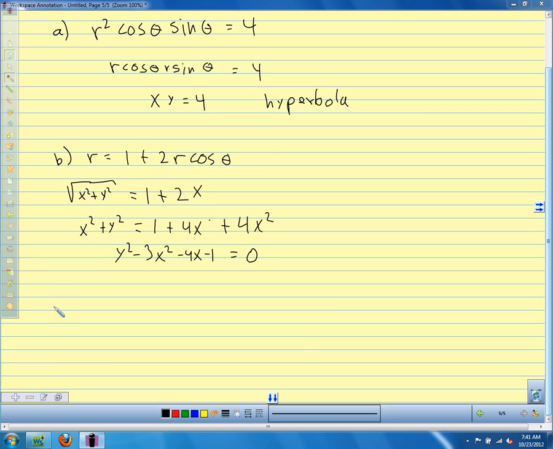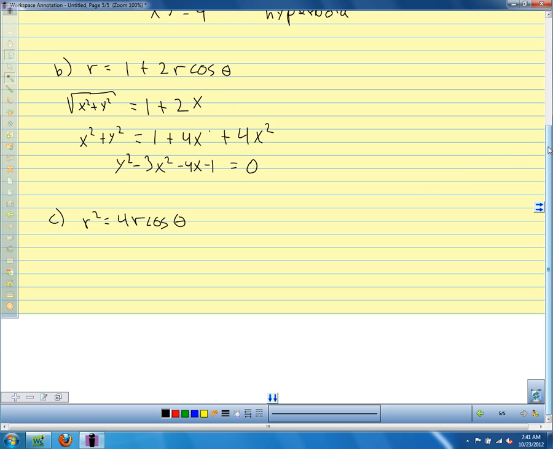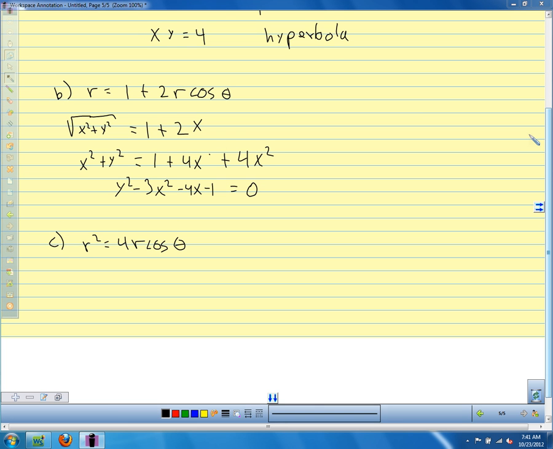Let's look at a couple more here. r squared equals 4r cosine theta. So this one I think is probably a little easier than the last one. So what would we do? How would we go about doing this one? Substitute. So what do we want to substitute? x squared plus y squared for r squared, equals 4 times x.